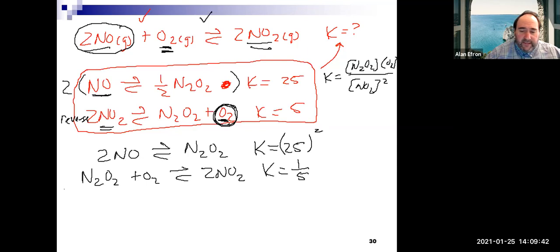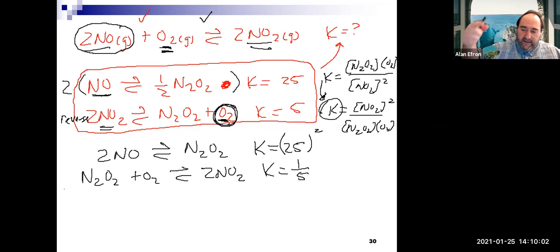When we reverse it like we have on the bottom, if we write the K value, it is NO2 squared divided by N2O2 and O2. And this is really the way we want it, like we have it on the bottom. The difference between how it was and how we changed it is it's basically 1 over the K value. So it flips around because our reactants become our products and our products become our reactants.